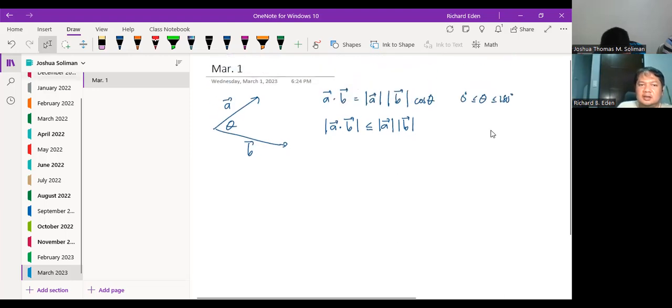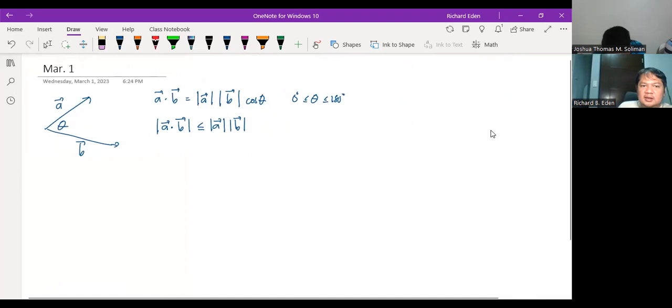Another very important consequence is the following theorem.